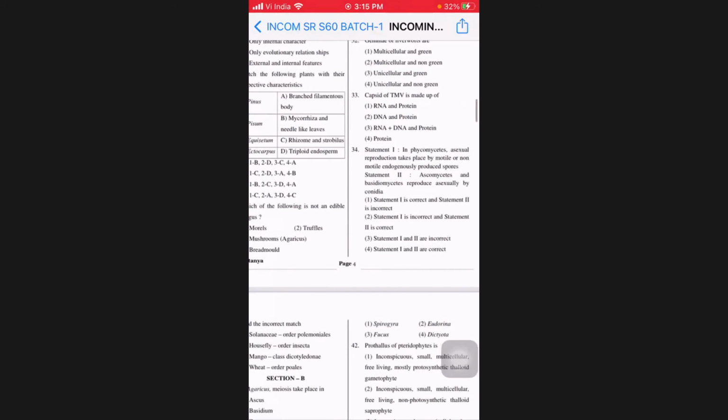Then 28th. Which of the following is not an edible fungus? Morels are edible, truffles are edible, mushrooms are edible, bread mold. No. What is bread mold? Rhizopus, isn't it? Not edible. Next should be 29th.